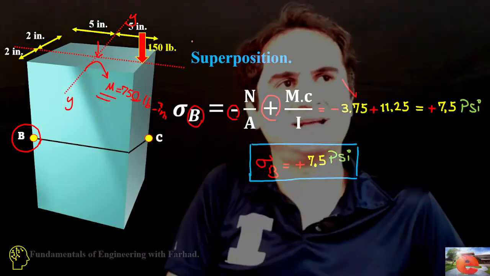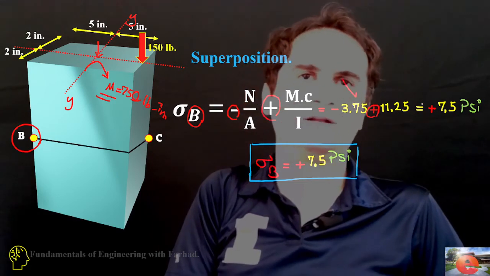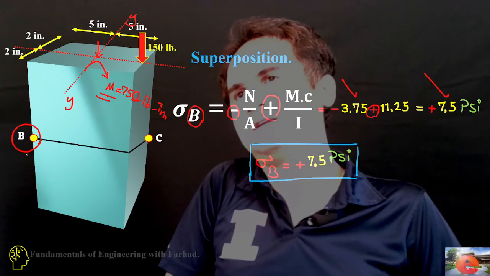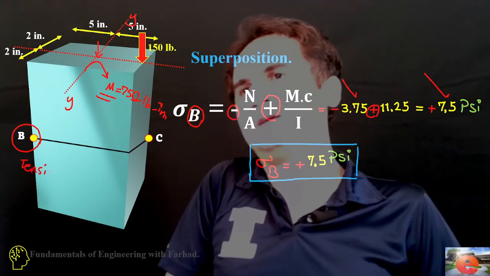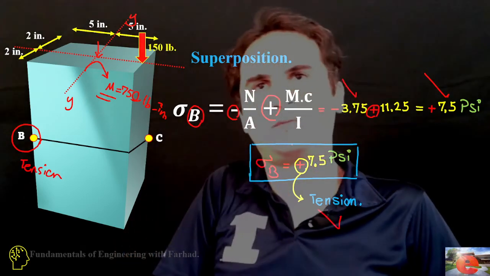You can easily see that's tensile, so it's positive here. The total is a positive 7.5 pounds per square inch. So definitely point B is in tension, a tensile combined effect.